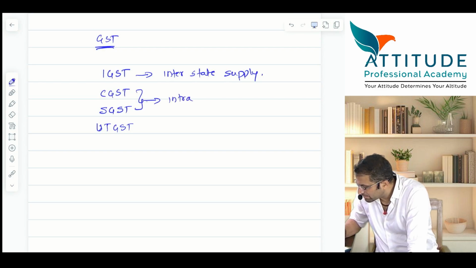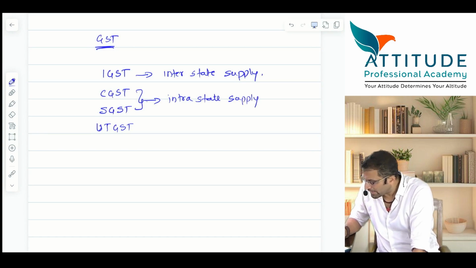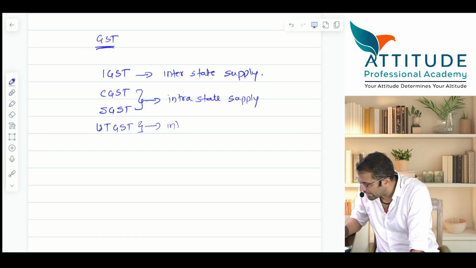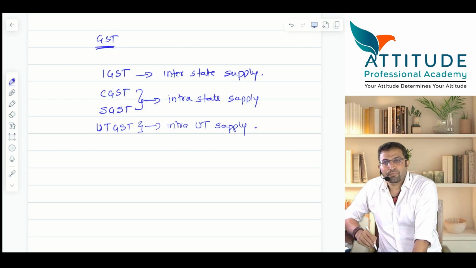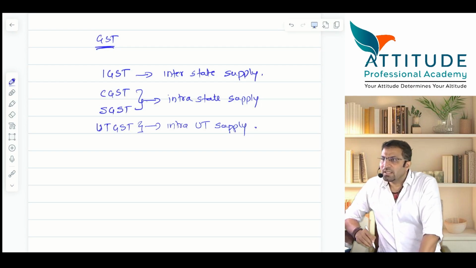Is that clear? Now, ये दोनों कब लगाते हैं? Intra-state. Intra-state supply. Okay, this is also intra-state. Intra-territory. Intra-union territory supply. Something like state only. Is that clear? Understood?